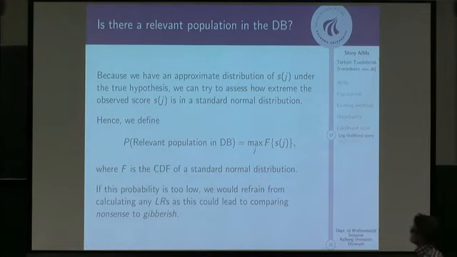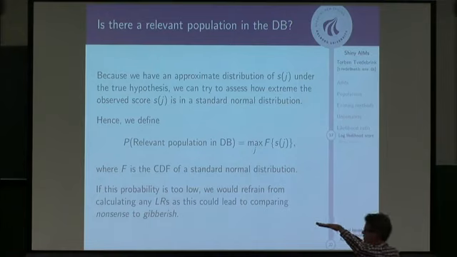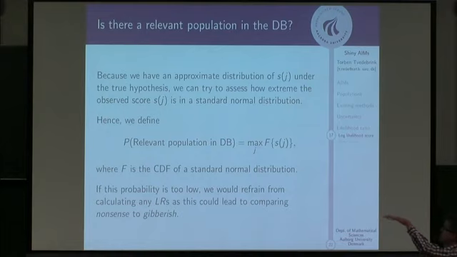So we want to say something about whether there is a relevant population. I have this long list of 125 different populations. Is there any one of those that is of particular interest or relevant for my specific genotype that I hold in my hand?